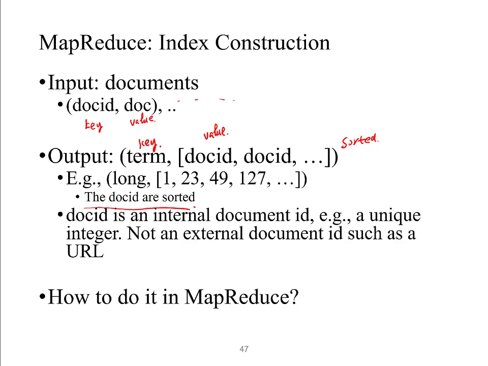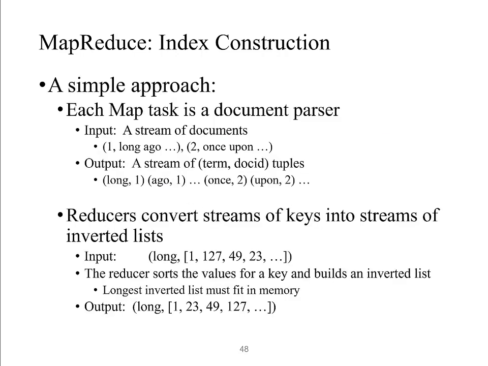Now, as we already have the input and output, the next question is how to do it within MapReduce. The MapReduce for such an inverted index is kind of simple. Each map is more or less a document parser.